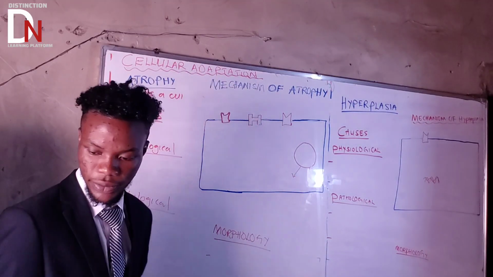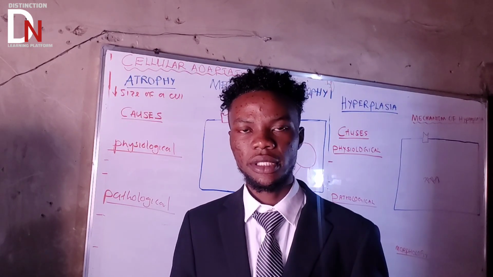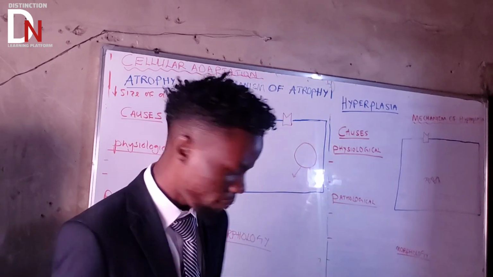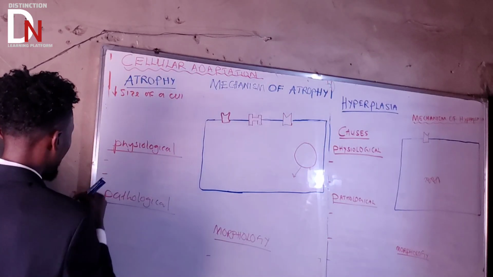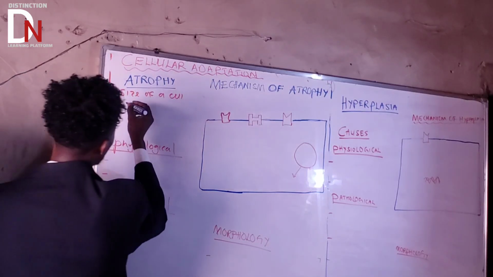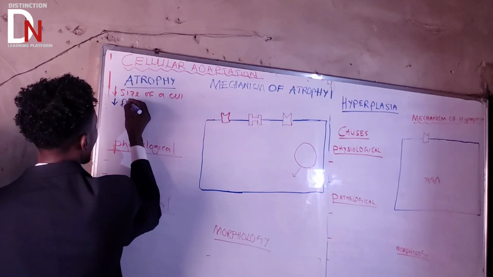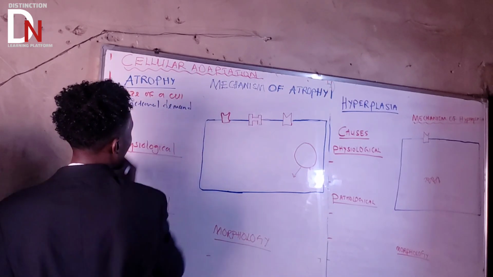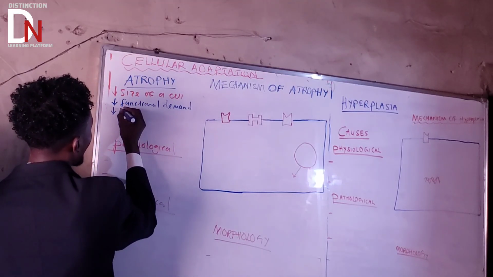Also, make sure that you understand why cells undergo atrophy. It is because a cell has a decrease in functional demand as well as a decrease in workload.